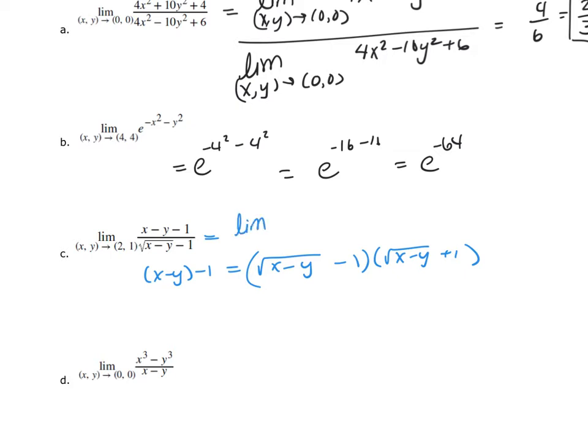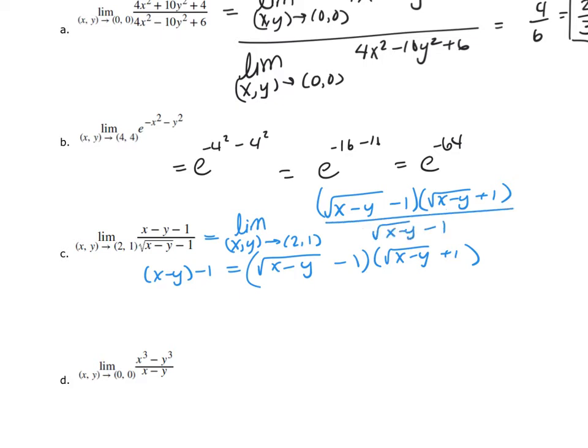So I have the limit as (x, y) approaches (2, 1) of the numerator, which is the square root of x minus y, minus 1, multiplied by the square root of x minus y, plus 1, divided by the square root of x minus y, minus 1. And then we have a nice cancellation here.